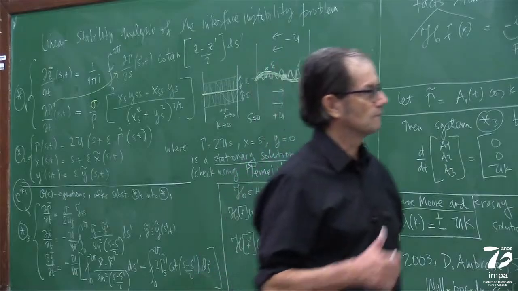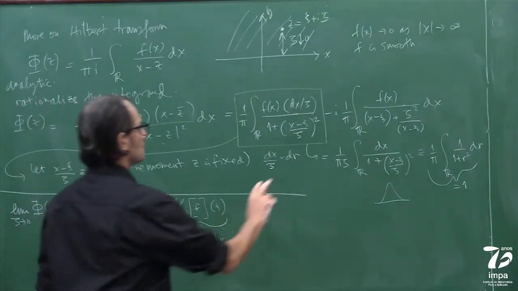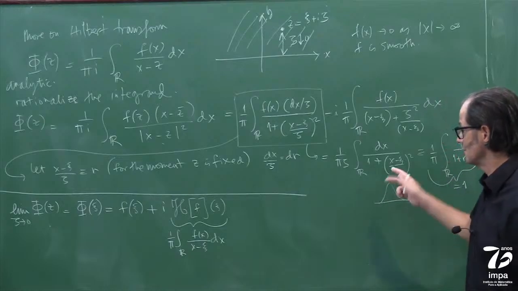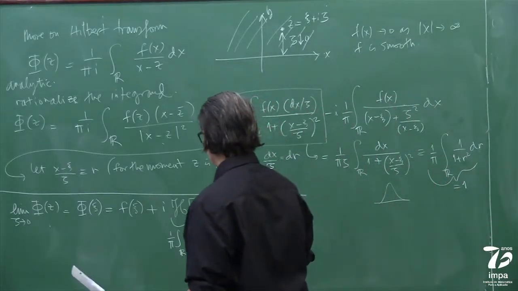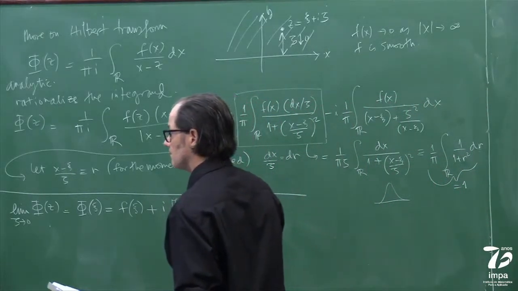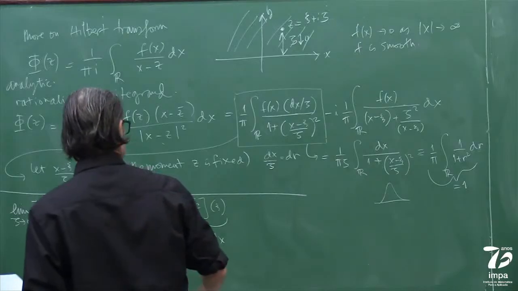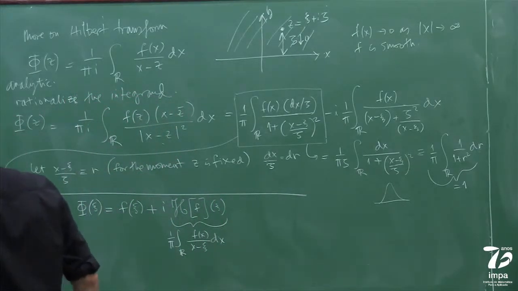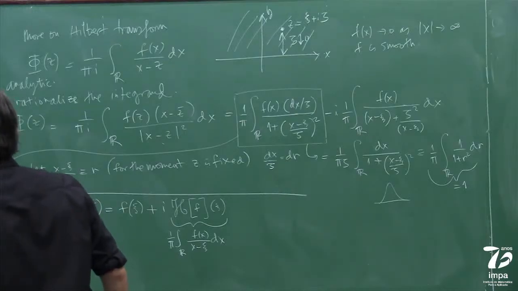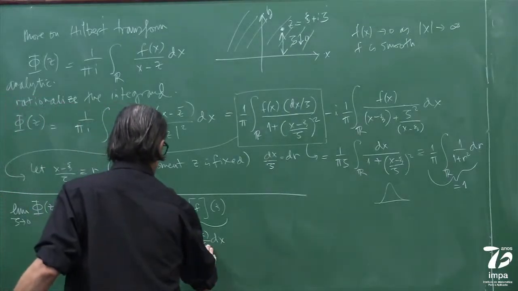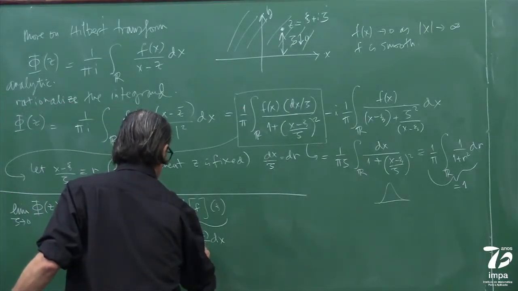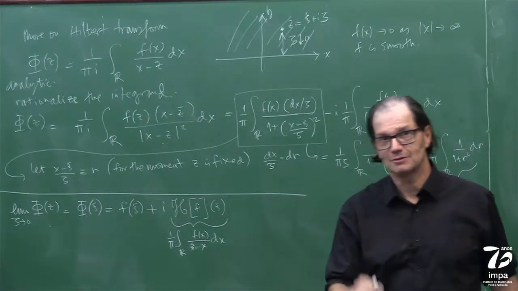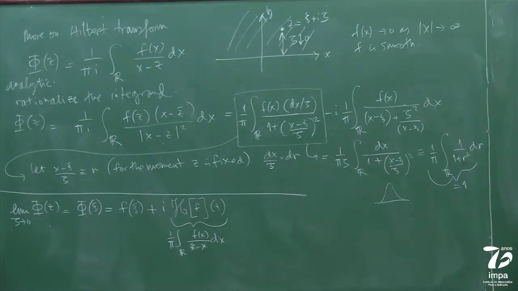Ah, yeah. This guy flipping, right? Thank you, Lucas. So this guy flipping. So here would be x minus y. This is the right way to write it, right? Thank you. Yeah, very good. Okay.